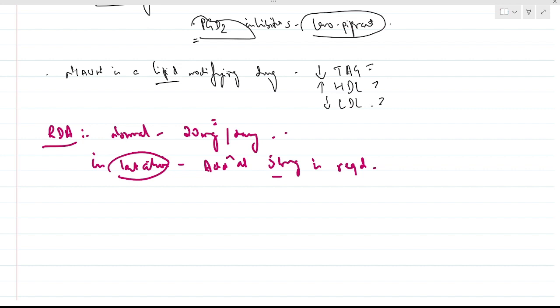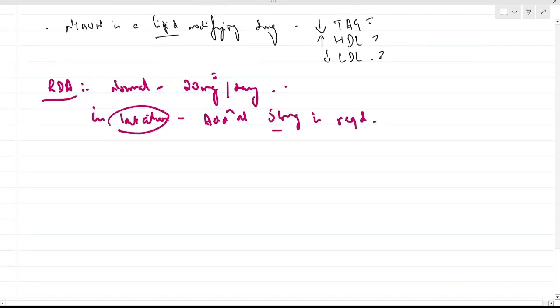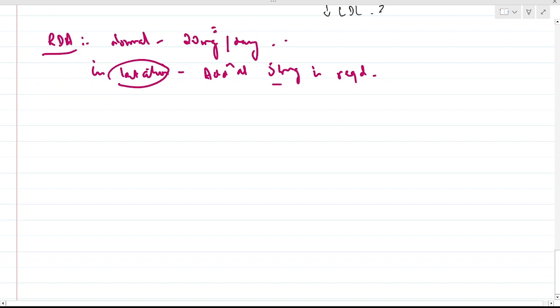So this consumption of niacin we calculate as NE, that is niacin equivalents.